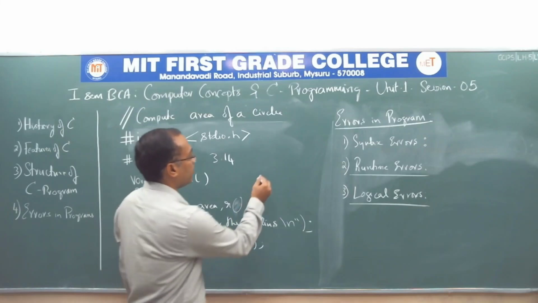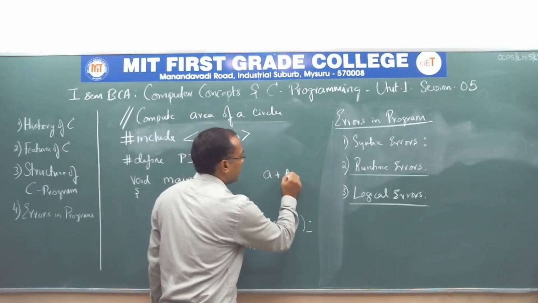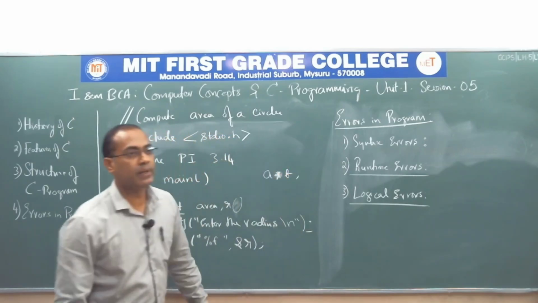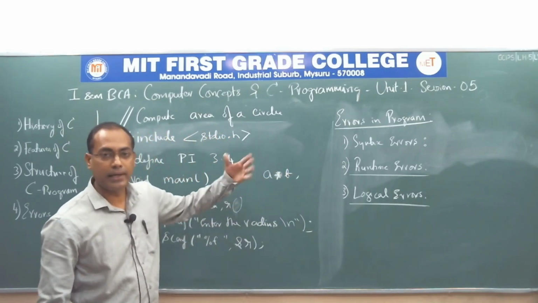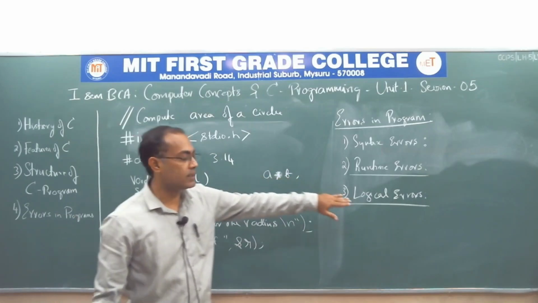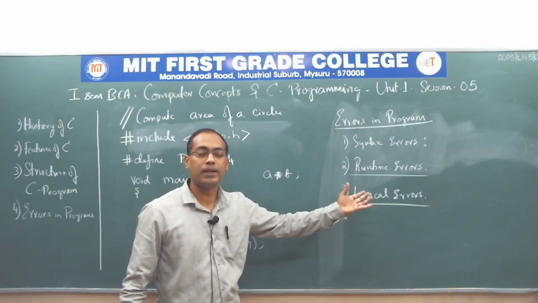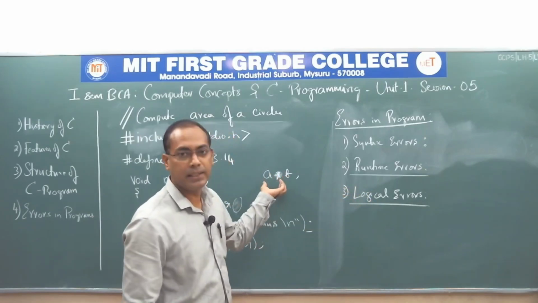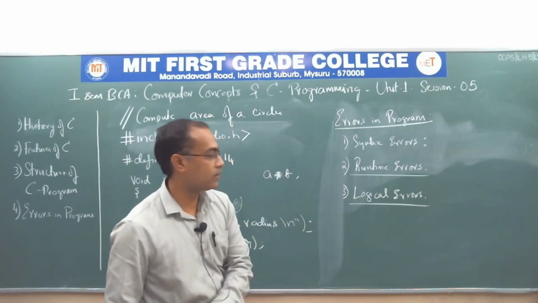Suppose you want to perform an addition operation, but by mistake you put an asterisk symbol. What result should you get? Addition. But what are you getting? Multiplication. Such errors are called logical errors, which are made by the programmer through simple mistakes in representing the program logic or the business logic.